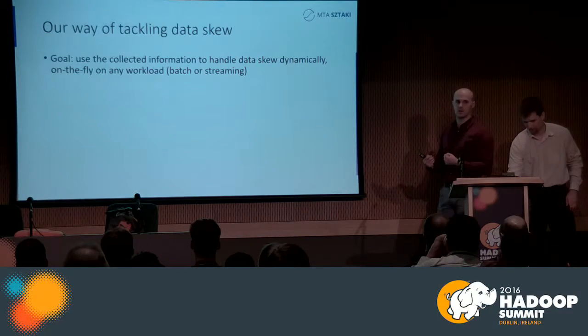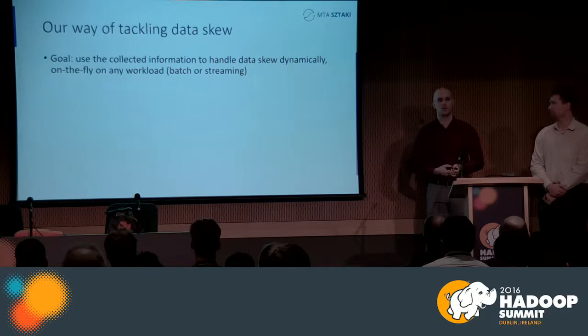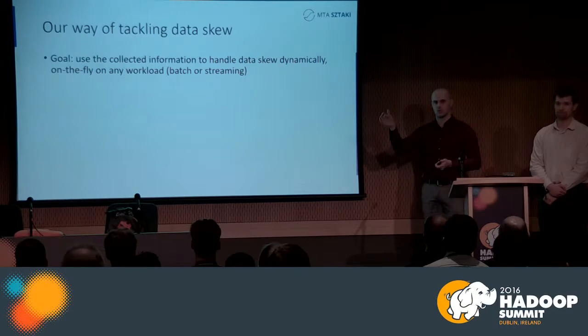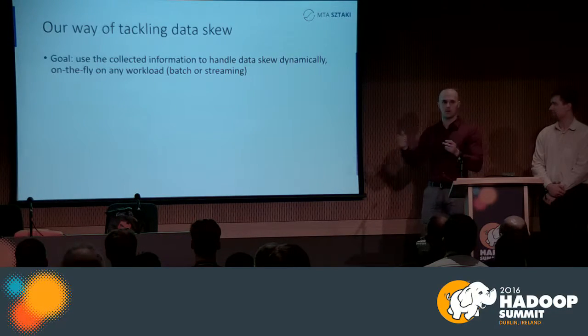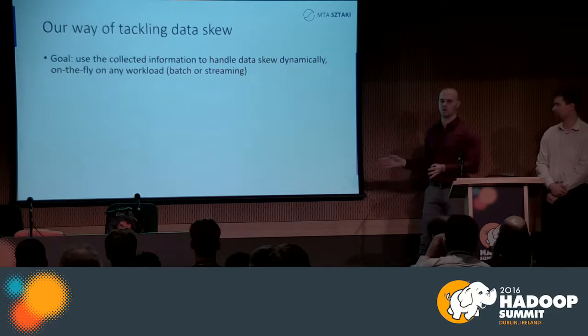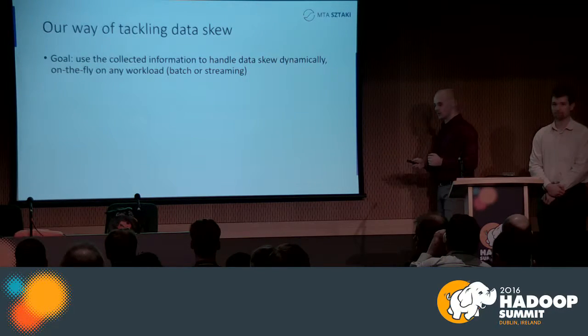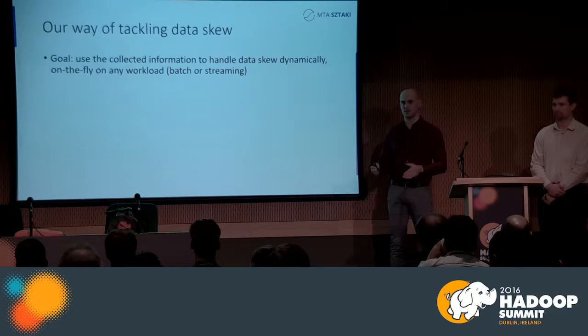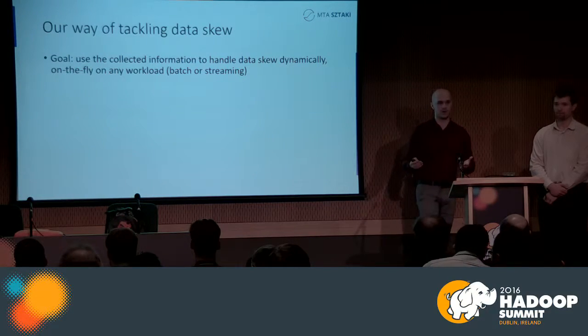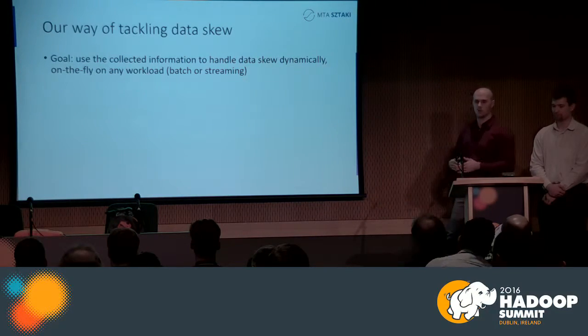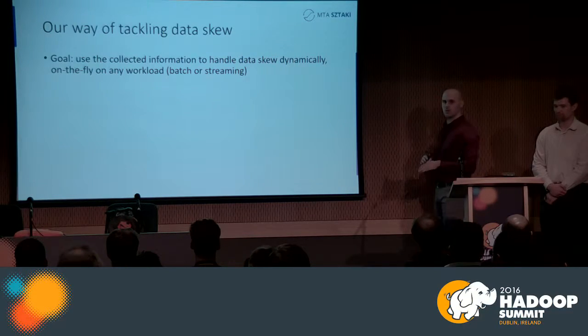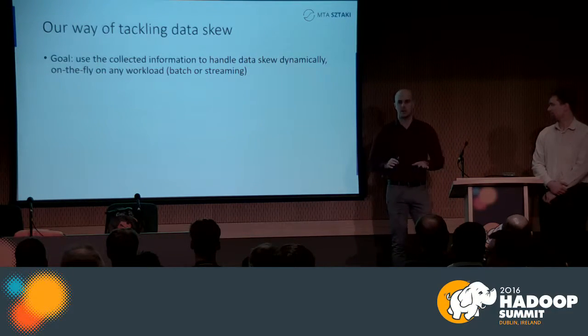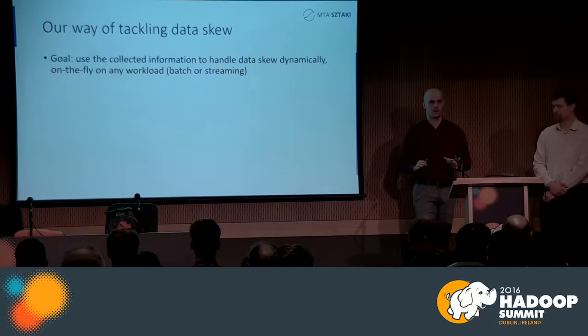So all you need to do is just switch one lever on, and then you are going to have dynamic repartitioning on, and it is going to capture the characteristics of your data, and if it's necessary, it is going to repartition the data on the fly. So you're not going to need to give any hint.